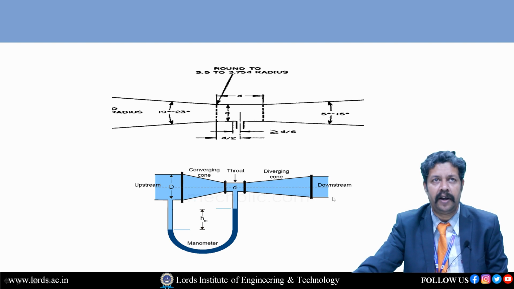So now what we are doing, by reducing the area, a pressure difference between these two sections is created. That pressure difference can be measured using a manometer, differential manometer or single column manometer, whatever may be the type of the manometer, we can easily measure.